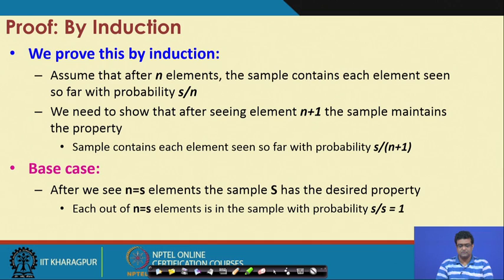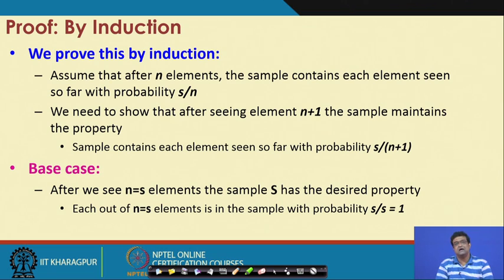So, what do we need to do? We need to assume that after n elements, the sample contains each element seen so far with probability s by n. We need to show that after seeing n plus 1 elements, the sample maintains these properties.